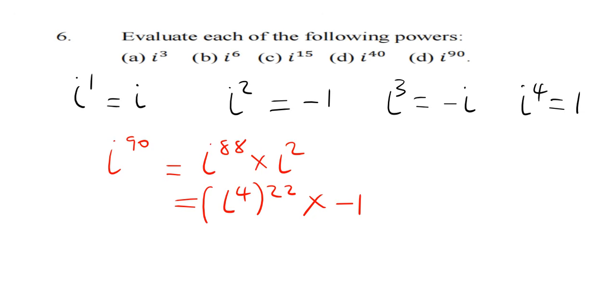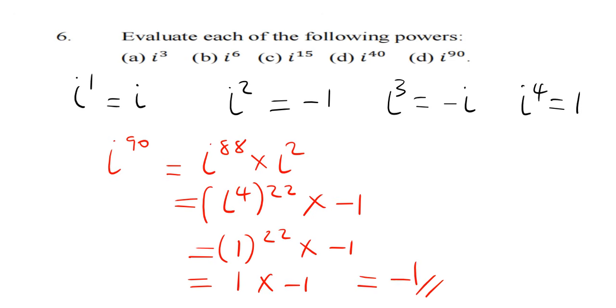Now that we've got that, i to the power of 4 is a 1, because we said it's an even number, so 1 to the power 22 multiplied by negative 1. 1 to the power 22 will just be 1 multiplied by negative 1, which will give us a negative 1. So this is how you solve these types of numbers, especially as far as complex numbers are concerned.